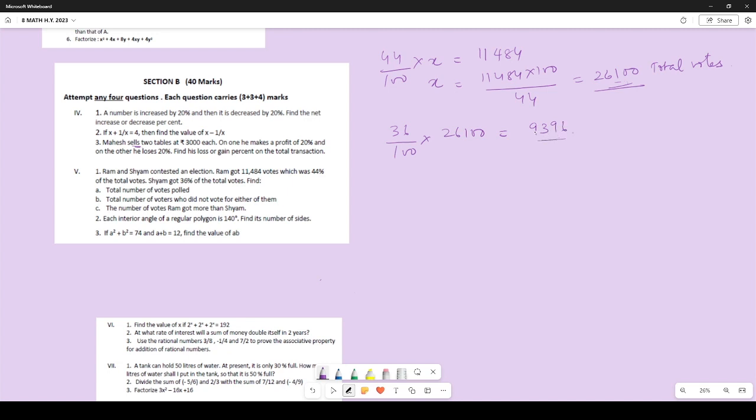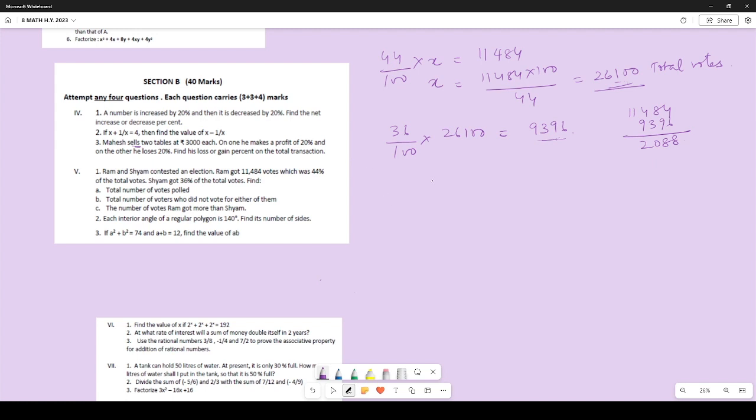You were supposed to answer, if you look at the third bit, number of votes Ram got more than Shyam. So you subtract 9396 from 11484 and you get the answer as 2088.